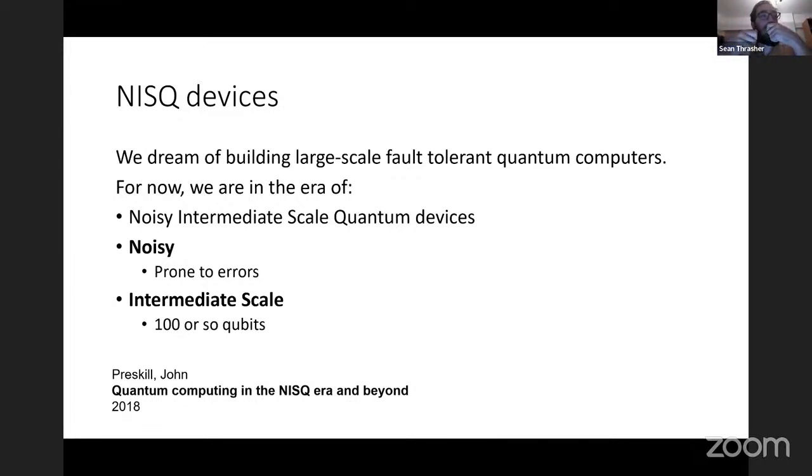So this phenomenon called decoherence is essentially unavoidable. At the moment, we are in the era of noisy intermediate-scale quantum devices. The noisy bit refers to how you get errors in your computation, and the intermediate scale means that we've managed to build quantum computers on the order of 100 qubits or so.